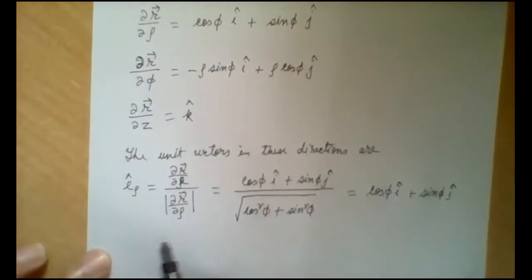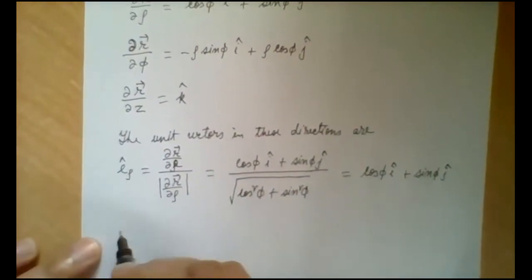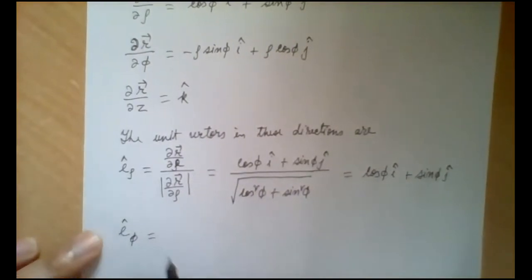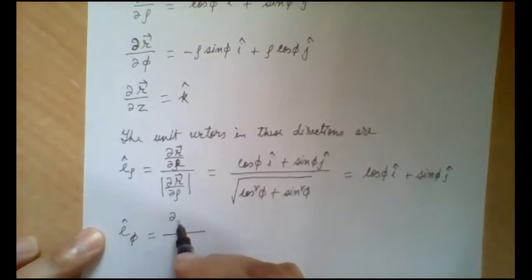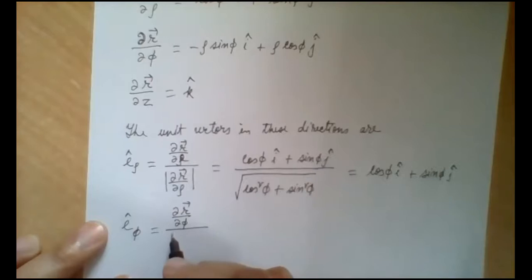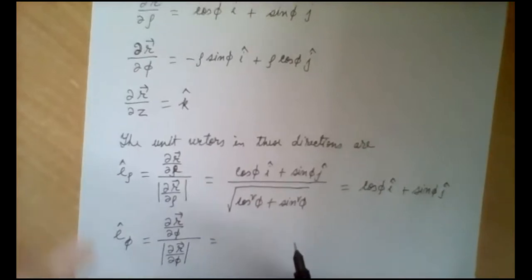Similarly, what is the unit vector along phi? The unit vector along phi is given by del r by del phi divided by its magnitude. What is del r by del phi?